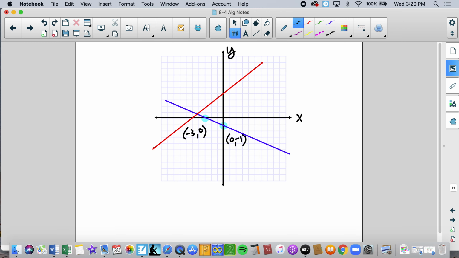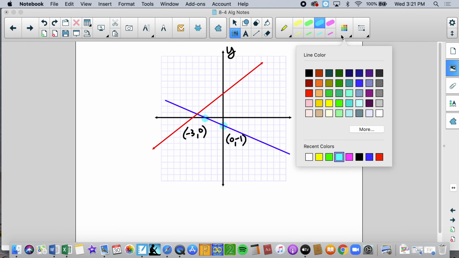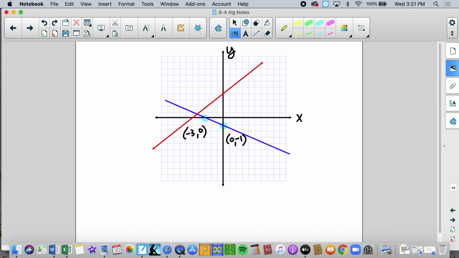Let's look at the red equation, or red line. And there's our y-intercept. Here's our x-intercept for the red line. And if we look at those coordinates, the y-intercept is (0, 4). So again, notice the x value is 0 for the y-intercept.